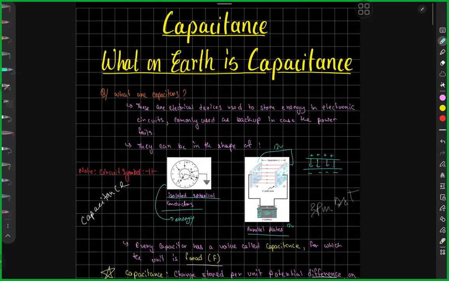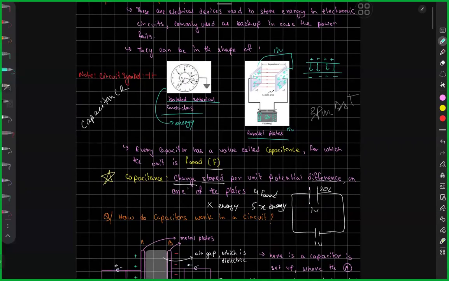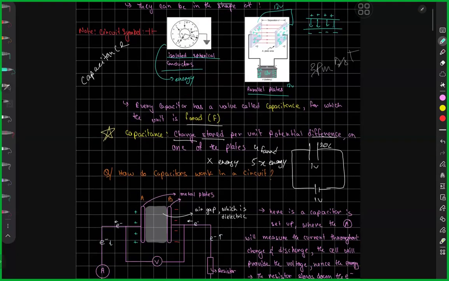Because if I recall for you guys, what did I say is the definition of a capacitance? The charge stored per unit potential difference on one of the plate. Why is that? So again, a bit of a repeat is granted, I'm providing the same 1 volt of potential difference applied.